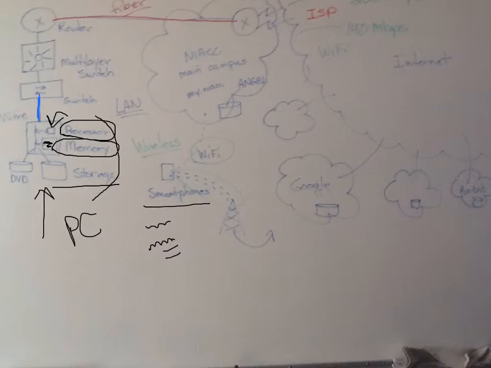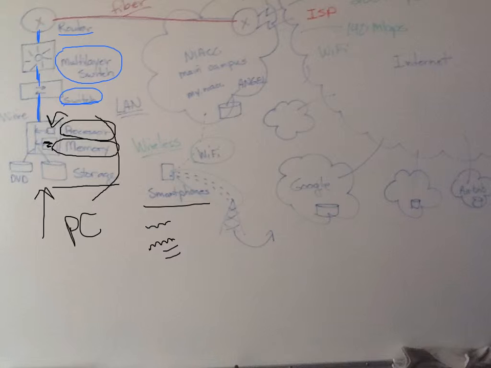We connect, for example, in PC 229, the classroom we're at, the computers in there, all of them are connected by some cable to a switch, and that switch is connected by a cable to a multi-layer switch, which is a combination of router and switch. And that's connected by some wire to a router, a routing device.